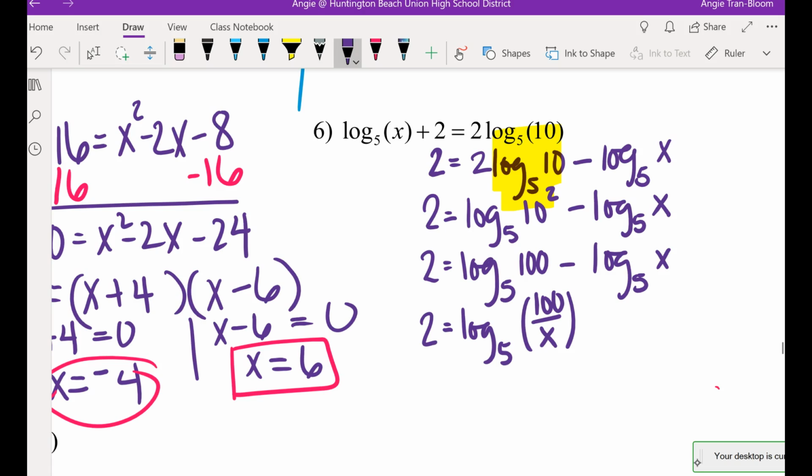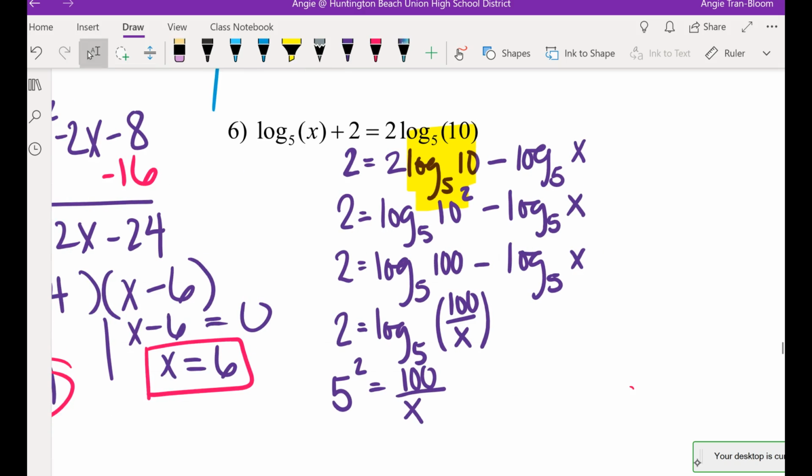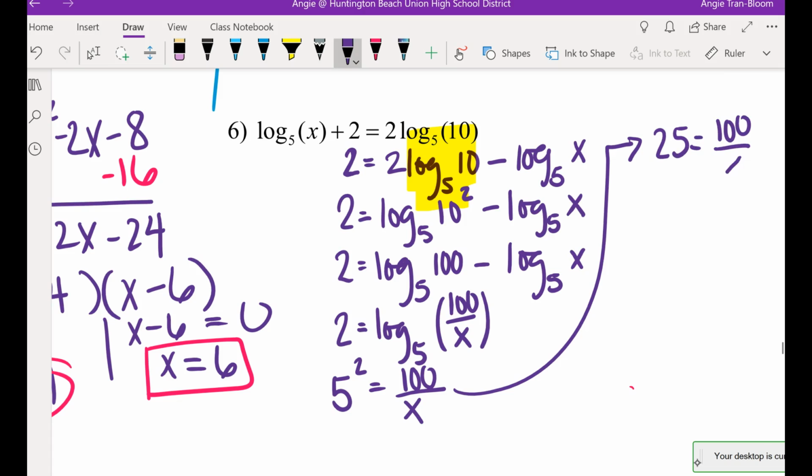Make it exponential. All right, 5 squared is the same as 100 divided by x. Okay, 5 squared is what, Chloe? Good. 25 equals 100 all over x.